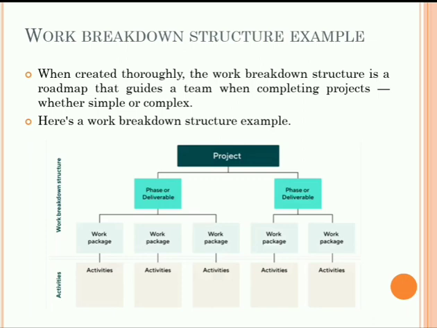If you make a different number of levels, it will be very deep, and in that way the people will get confused about how to complete that particular project. In the work breakdown structure, we are breaking the work related to the project into different steps, so that all the steps go simultaneously and we get an efficient output.